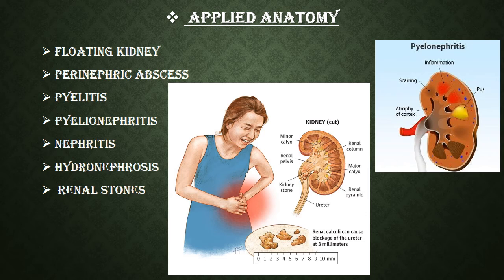With that, some common kidney conditions are perinephric abscess, where the abscess or pus is formed at the capsule of the kidney, and pyelitis, pyelonephritis, where the pus is formed inside the kidney, nephritis, where the inflammation occurs at the internal structure or nephrons of the kidney.